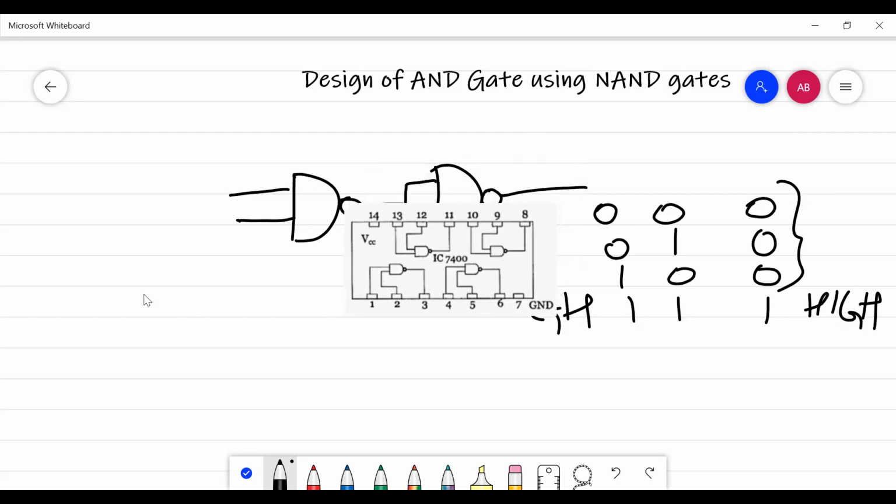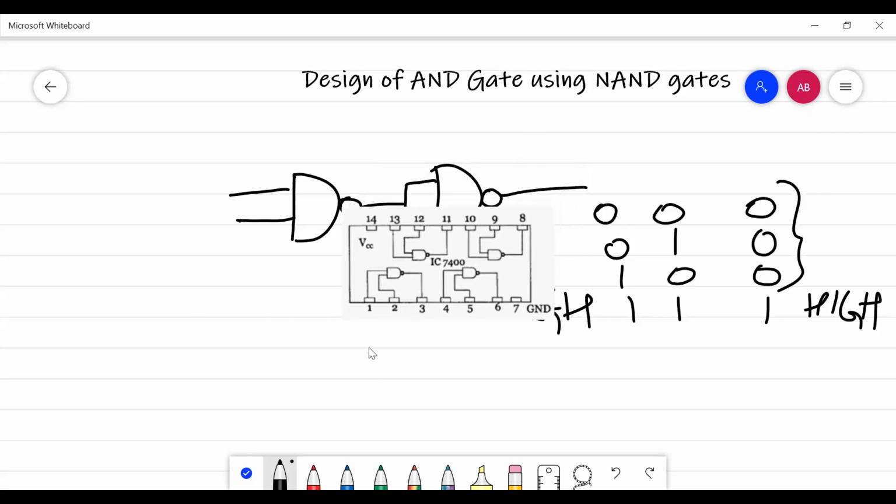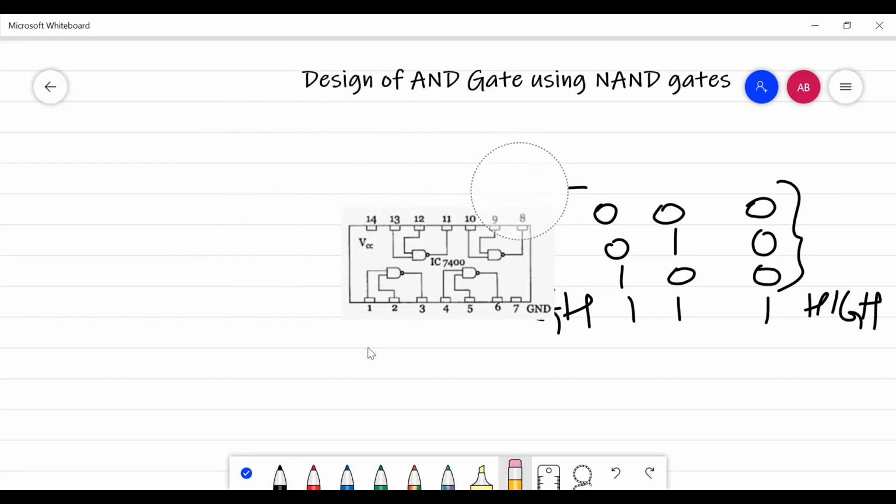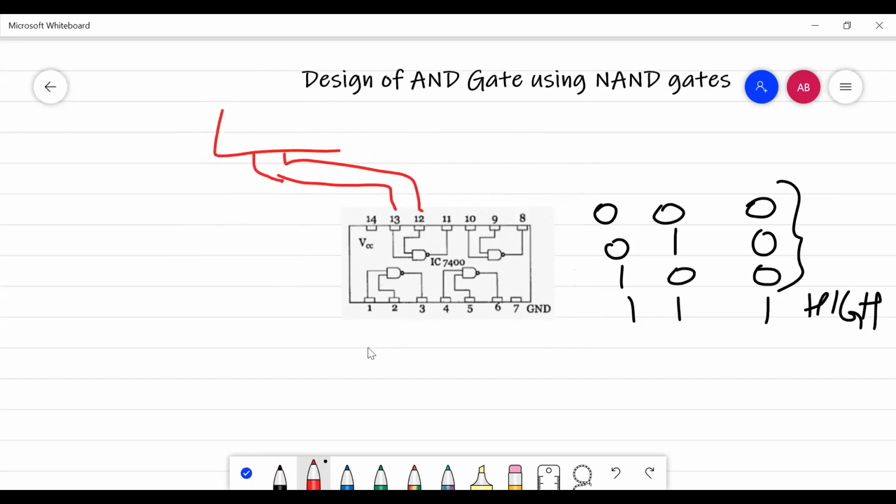Just see here what we are going to do now: this 13 and 12 pin will be attached to the dip switch only. Let me first drop this whole thing. Okay. So now these two will be connected to your dip switch at the 1 and 2 portion, right?